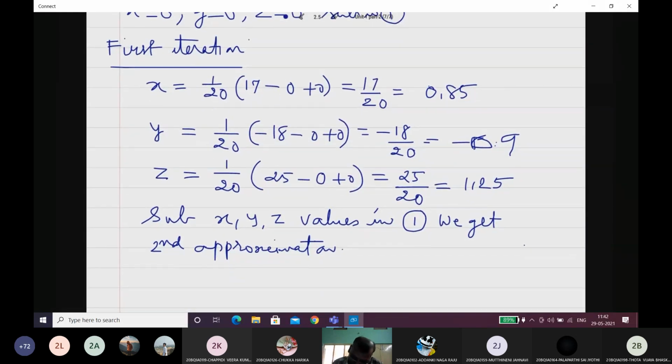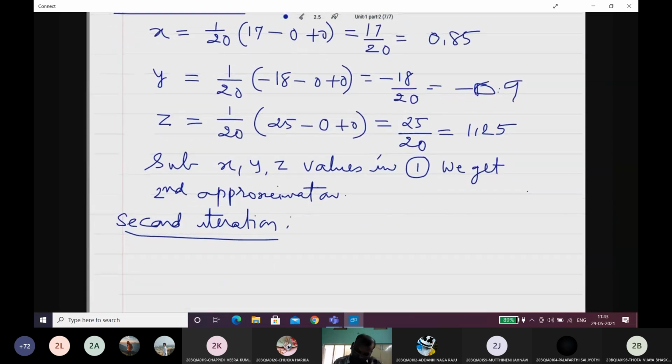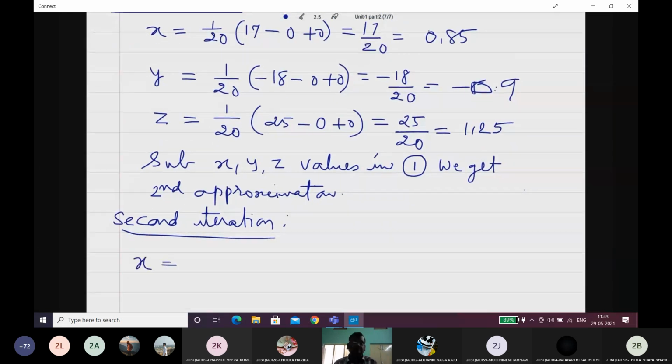For the second iteration, x is equal to 1 by 20 of 17 plus 0.9 plus 2 into z value 1.25. Calculate this.